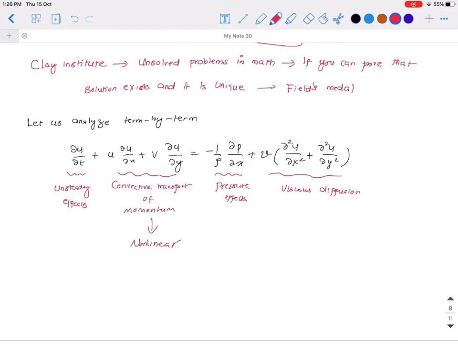The viscosity diffuses momentum, and that is quantified by this term. It is these non-linear convective terms that add a lot of difficulty to mathematical analysis, and it is the same term that makes fluid mechanics very fascinating and allows it to exhibit rich physical phenomena. So I'll stop here. This is very, very important, so you should understand every step that we discussed here.